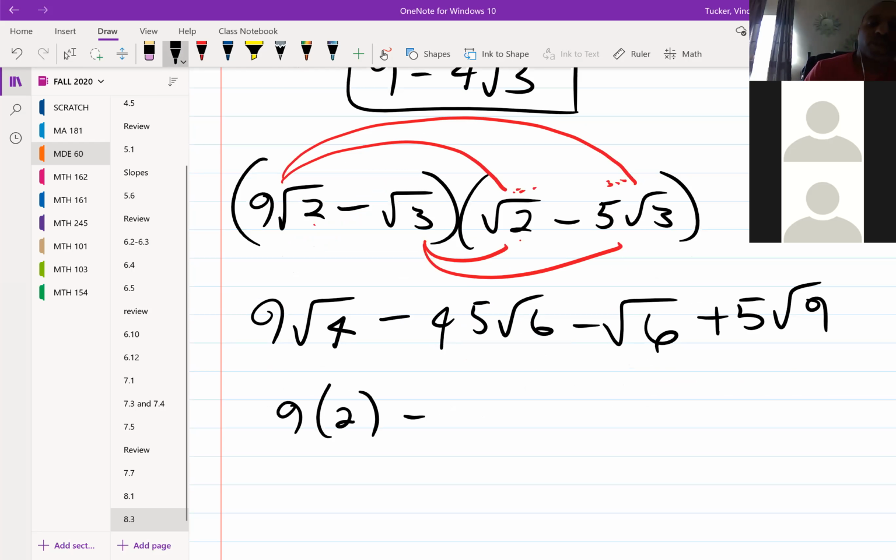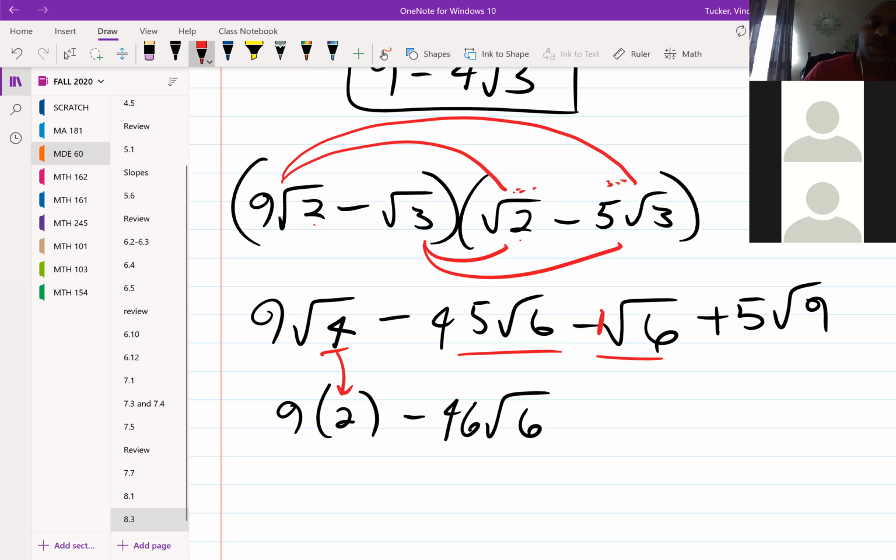So square root of 4 is 2. That gives us that. And then negative 45 square root of 6 minus square root of 6. Don't forget there's a 1 in front of there. So that would be 46 square root of 6.